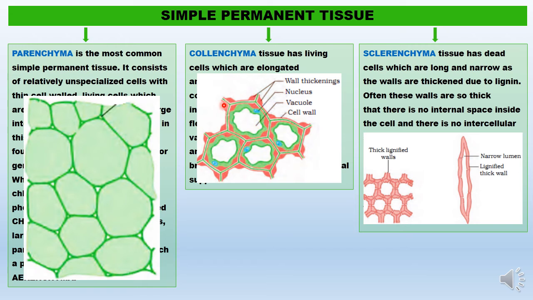Here pectin and cellulose are deposited, but only at the corners, and here lignin is deposited throughout the cell wall and highly deposited, so that eventually the cell also becomes dead. So these two are living, sclerenchyma cells are dead. This is one sclerenchyma fiber, and the sclerid is a small and circular structure having a similar level of thickening. And now with this we have learned about simple permanent tissue.